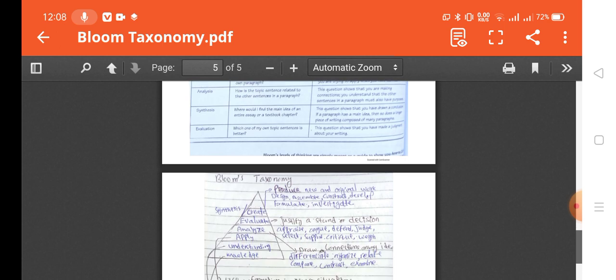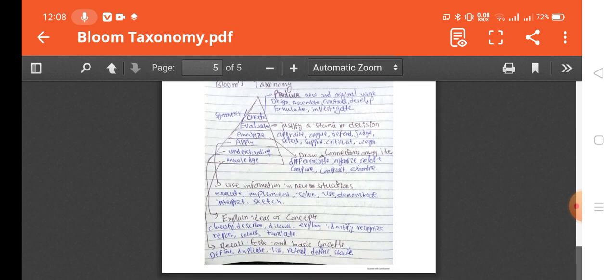So let's see, at the knowledge level, what are you supposed to do? At the knowledge level, you recall facts and basic concepts: define, duplicate, list, repeat, state, etc. At the understanding level, you explain ideas or concepts: classify, describe, discuss, explain, identify, recognize, report, select, translate, etc. At the application level, you use information in a new situation: execute, implement, solve, use, demonstrate, interpret, sketch.